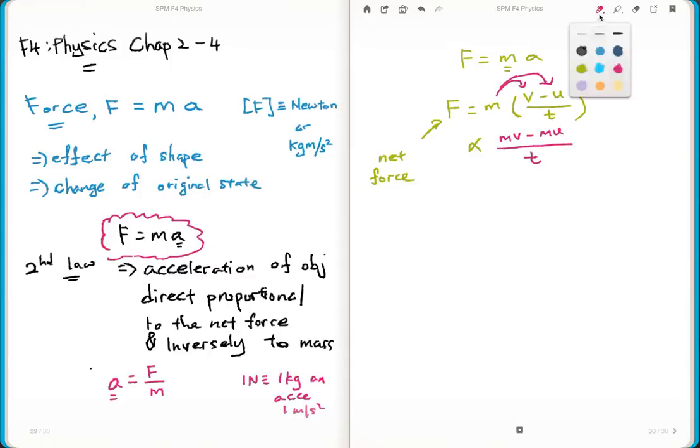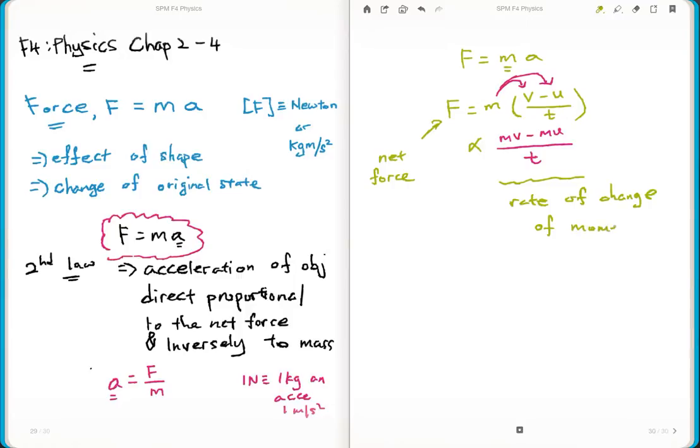What you see from here is that the net force is directly proportional to something over time. This means it is a rate of change of mass times velocity. That would be the change of momentum.